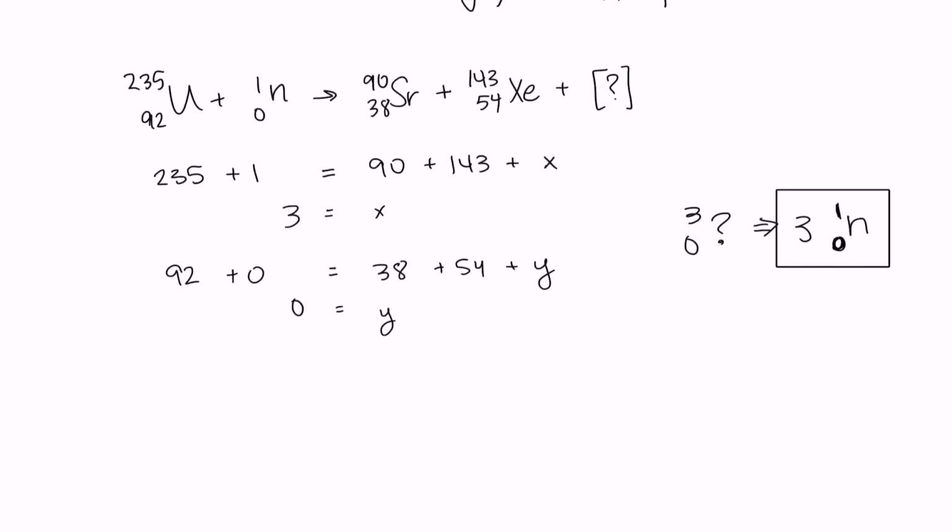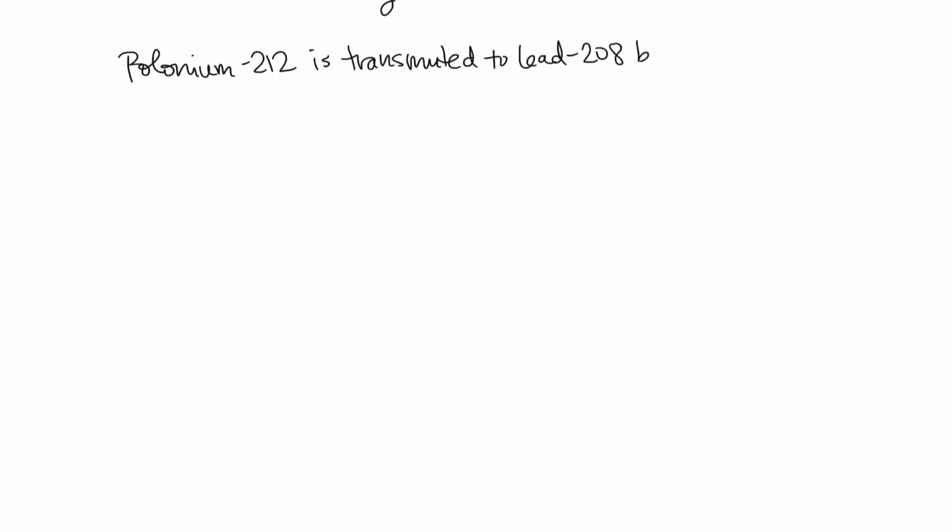Okay, another example of this, we have words this time. Polonium 212, and when it's written this way with a dash, this is our mass number, is transmuted, which just means it changes which element it is, to lead 208 by what kind of emission?